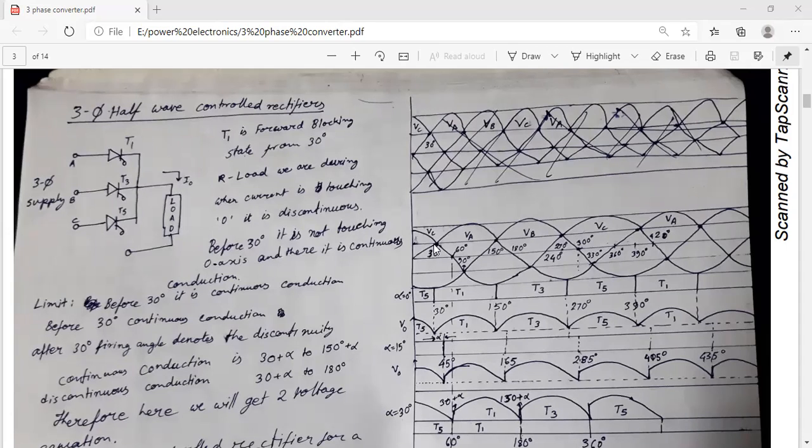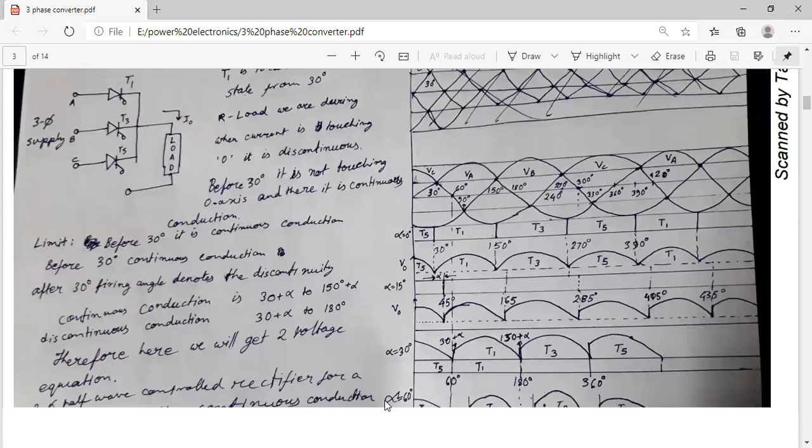When the triggering angle alpha is equal to 0, it is starting from 30 degree. Before 30 degree, it is not touching the zero axis, and there it is continuous conduction.